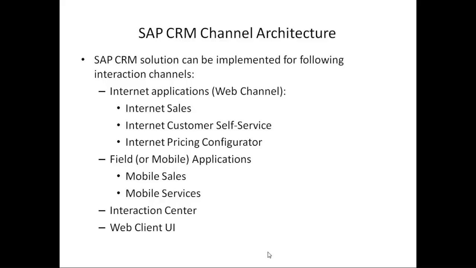Whereas internet pricing configurator lets the user choose which components they want in that specific product, and then finally place an order for the configured product. So this is about the internet applications, that is web channel, where the web page is presented to the user with CRM data and built with J2EE technology.